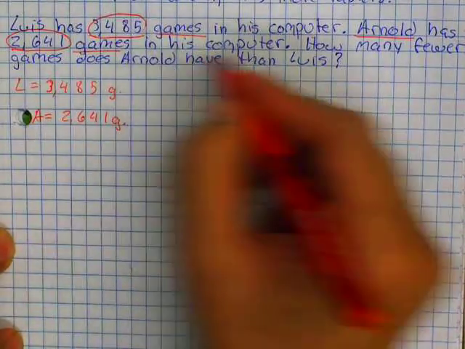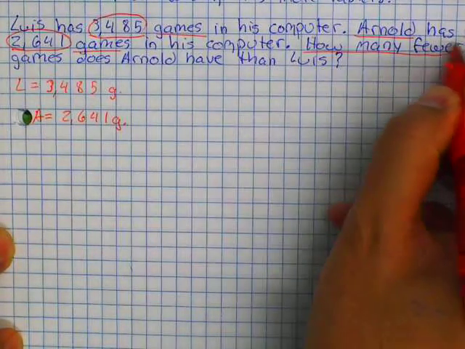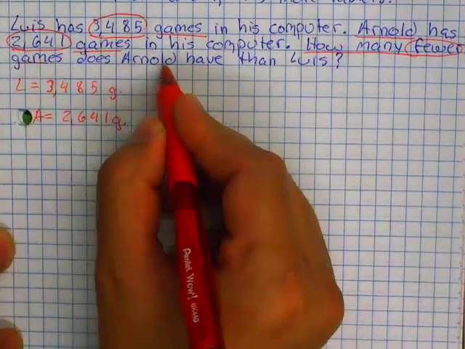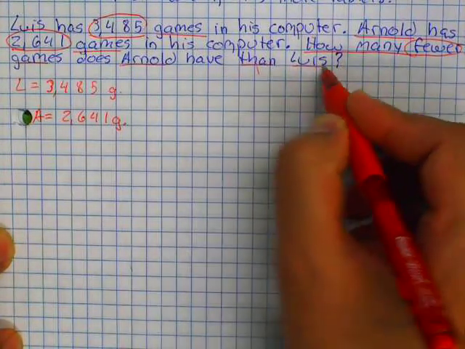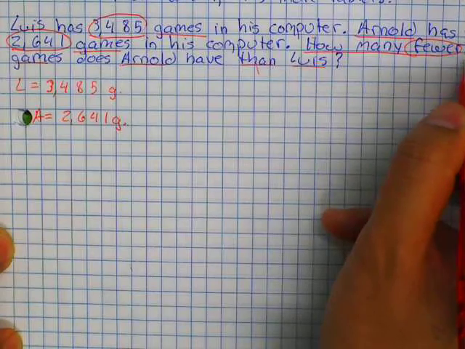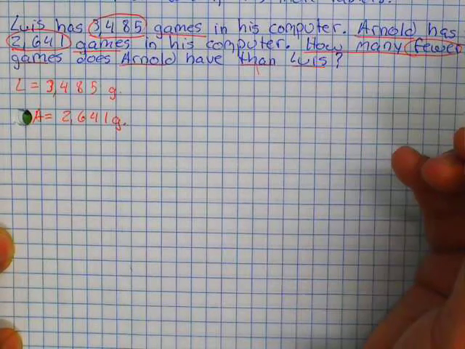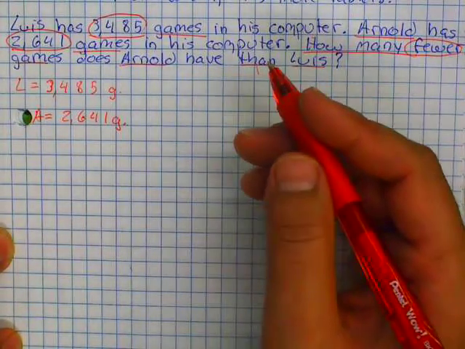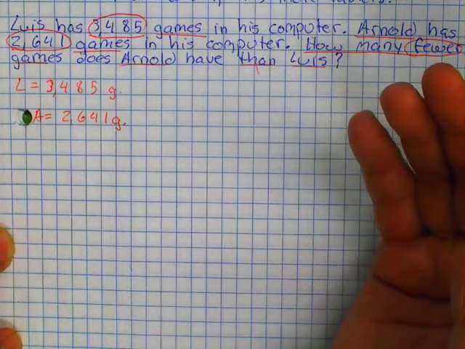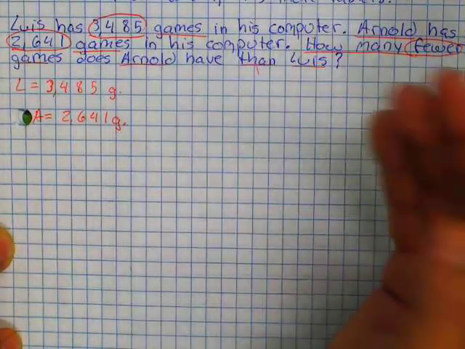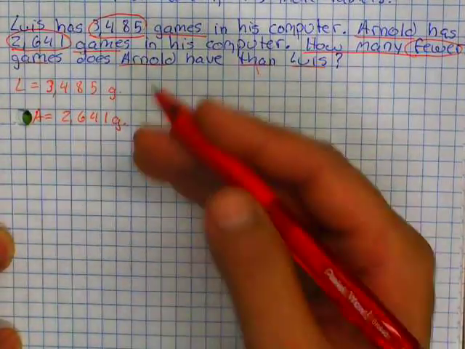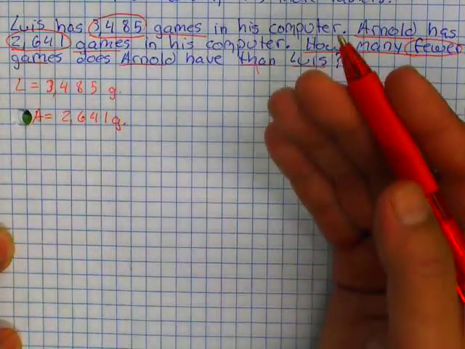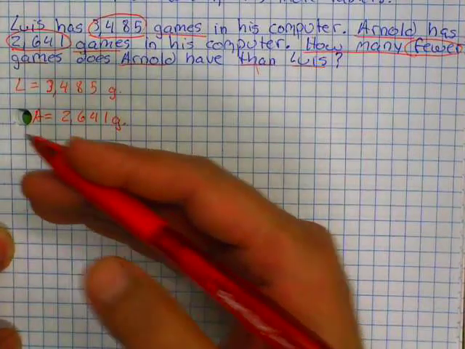Okay, and the question says, how many fewer games does Arnold have than Luis? Again, remember, when they ask me how many fewer, it's the same thing as when they ask me how many more or how many less. Or when we were comparing Lucero and Jose, we said that Lucero was taller than Luis, or Luis was shorter.